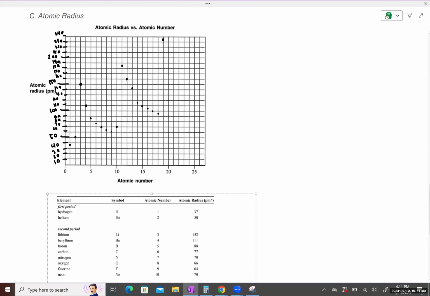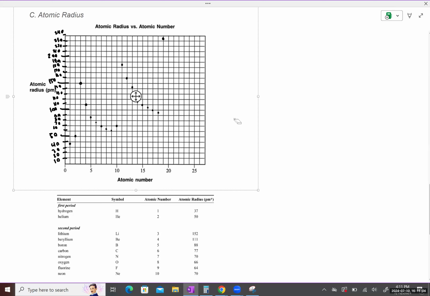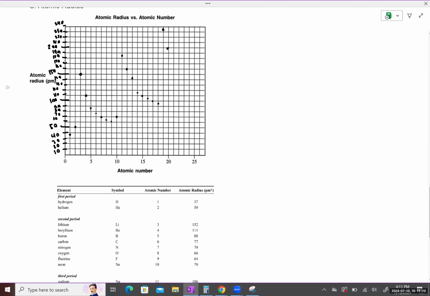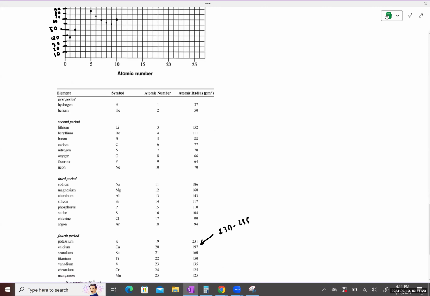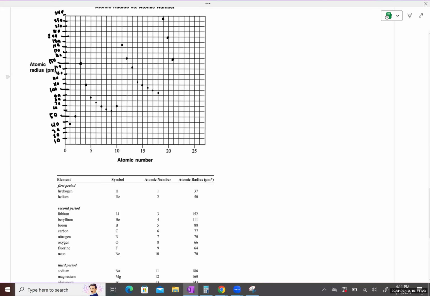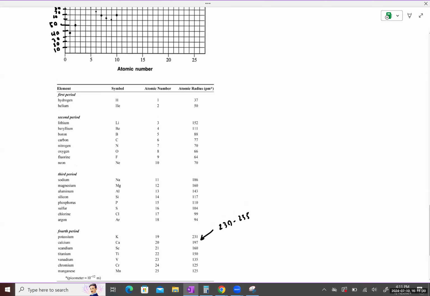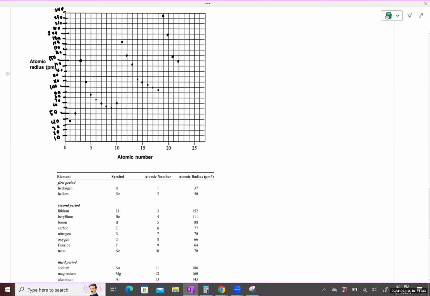Calcium, scandium 160, titanium 150, vanadium, chromium, and manganese. Okay, now let's connect the lines as best as we can.